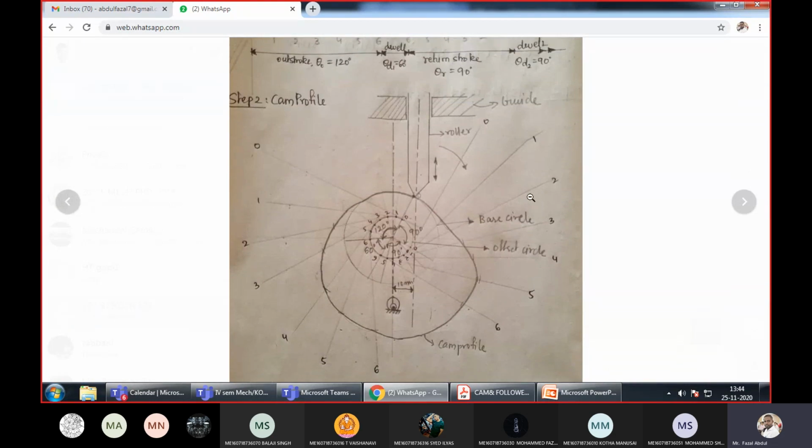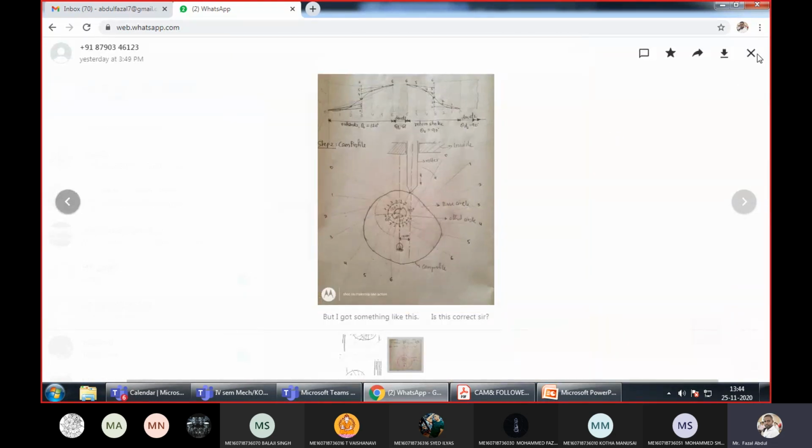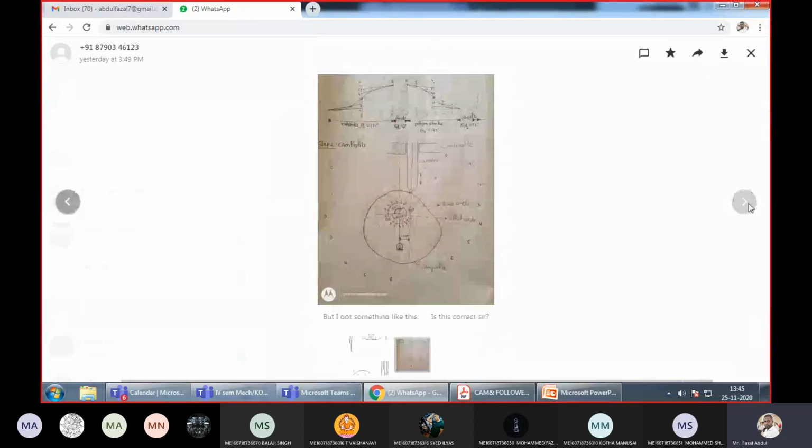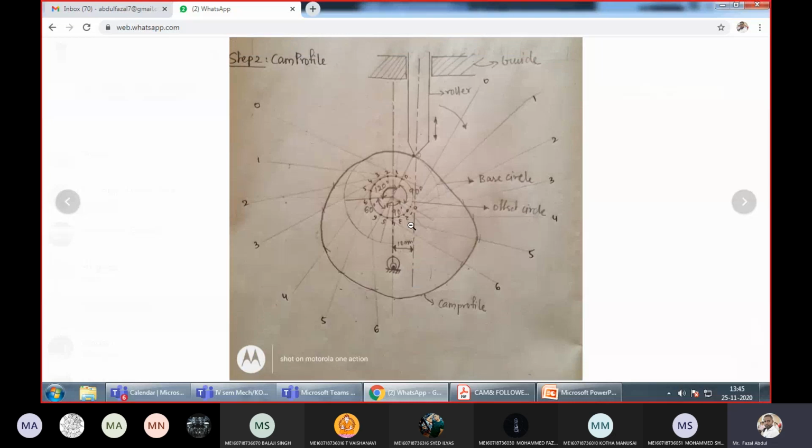Observe in this diagram, the lifting of the curve begins here, and from this point to here it is lifting like this. But what you did, you started the lifting after a few divisions of the circle, like this. So see what is the difference.